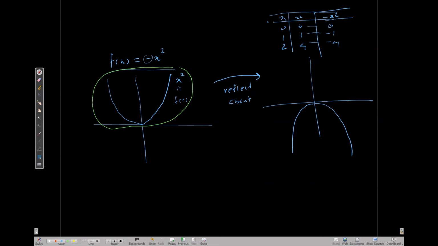In order to understand the next reflection, let me take another function. What about g of x equals the square root of -x? At first you may be confused, thinking that we cannot take the square root of negative numbers. Well, yes, of course, so let's address that fact first.